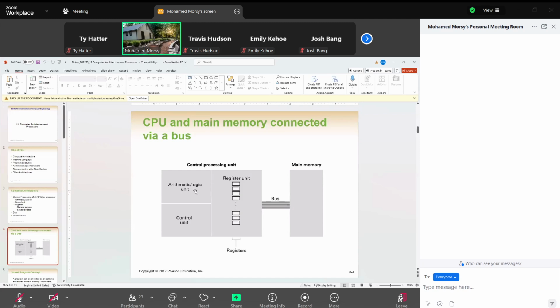Logic does logic operations and so on. Then the control unit and the register unit. And we can see the bus here connecting the CPU with the main memory.